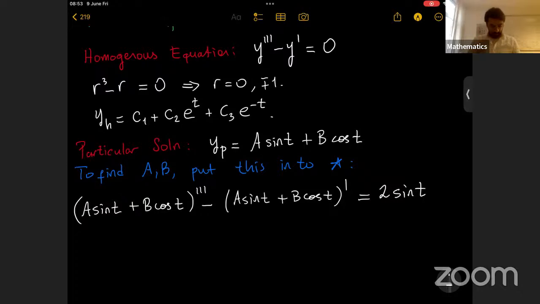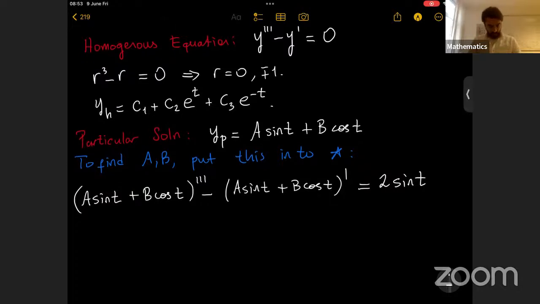Let's differentiate this. When you take the third derivative of sine, cosine, minus sine, cosine, minus sine. So it's going to be minus a cosine t plus b sine t.